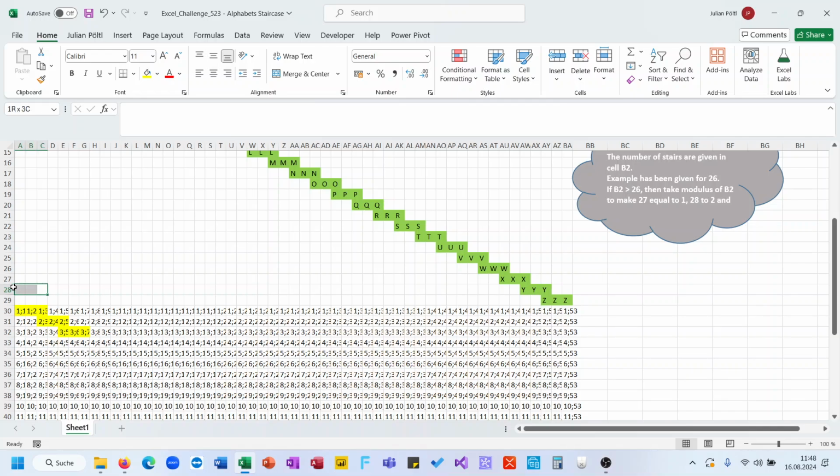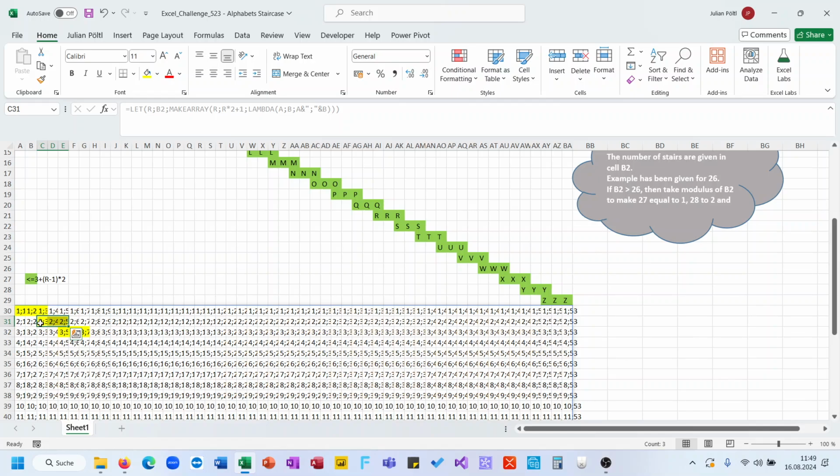So if the column is smaller or equal to 3 plus row minus 1 times 2. Here, 3 plus row minus 1 is 0, times 2 is 0, so smaller than 3.